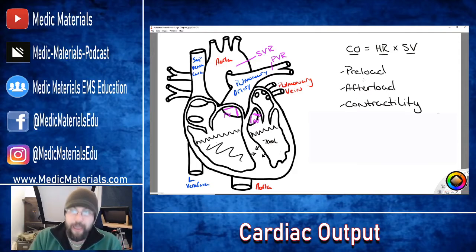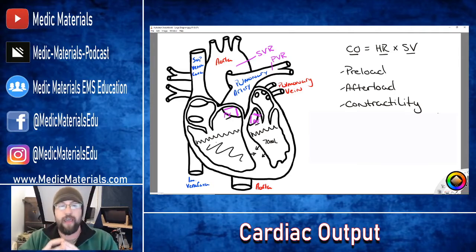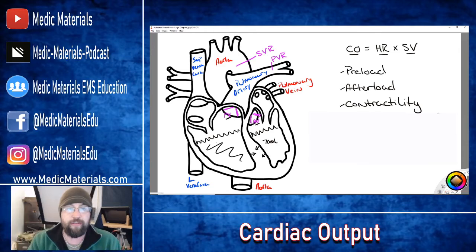Now afterload is a little bit more in depth. It's the pressure that the ventricles must overcome to eject this blood through these two valves right here. You have the pulmonic valve and the aortic valve. These valves are closed, and when you have a beat, the ventricles contract, these flaps open and allow blood into either the pulmonary artery or the aorta, depending on which ventricle you're talking about.